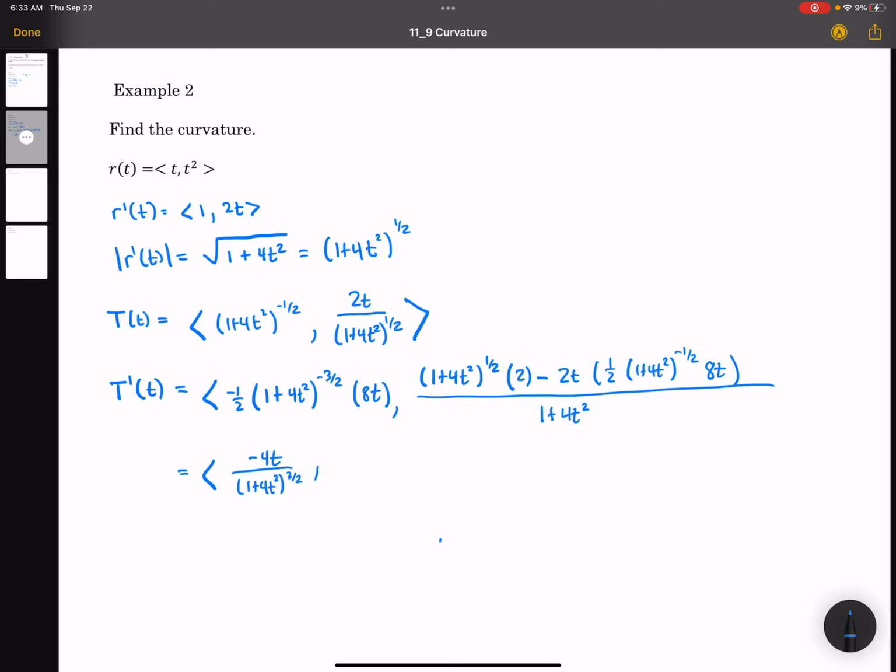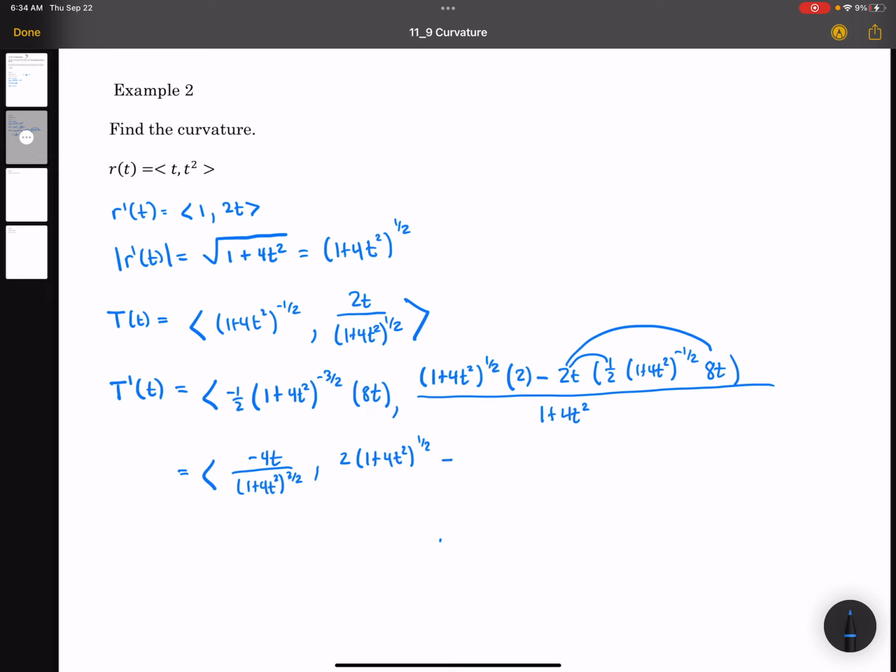And then for the second component, there's a lot happening for this one. So we'd have (1 plus 4t squared) to the 1/2, multiplied by 2. And then negative 2t times 1/2 times 8 is just negative 8t squared.